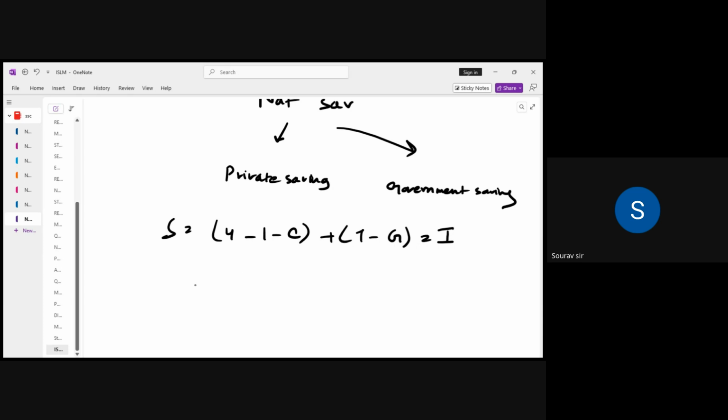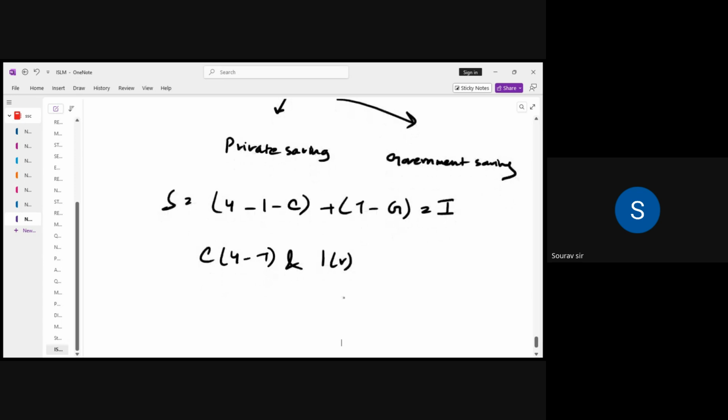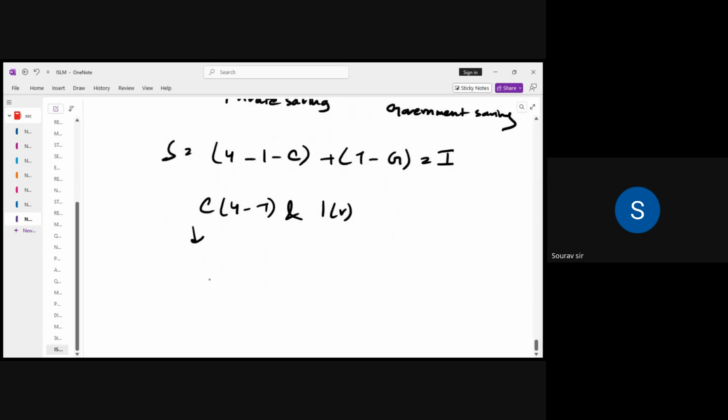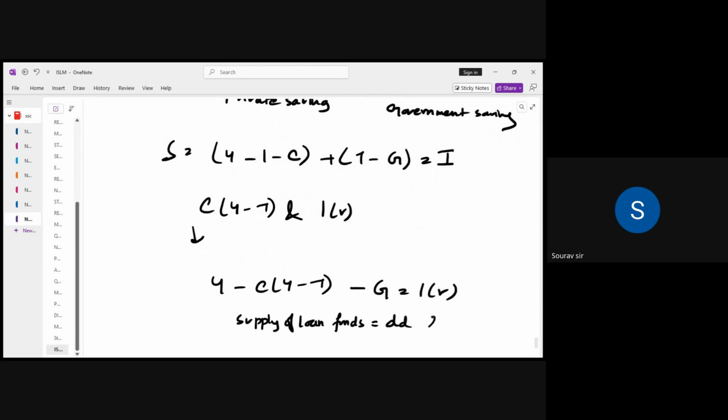So by substituting, we get Y minus C minus G is equal to I of R. Or we can say, supply of loanable funds is equal to demand for loanable funds.